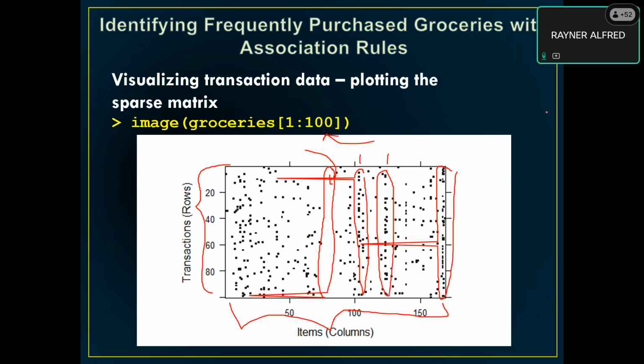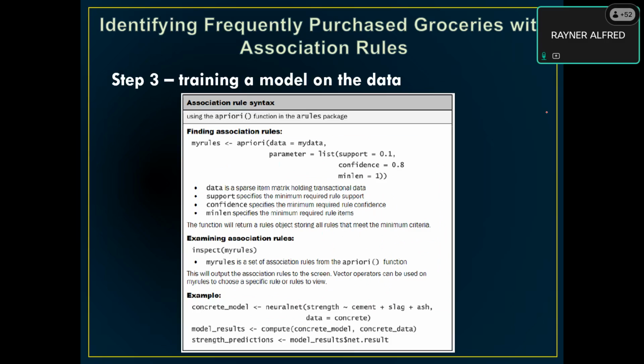But this just gives you the visualization. How do we extract the rules from here? This is the command that we can use, apriori. We feed in the data that we have, and then we can list the minimum support and also the minimum confidence.